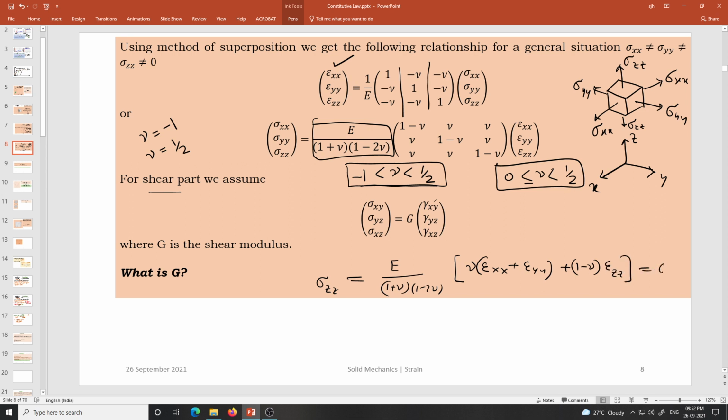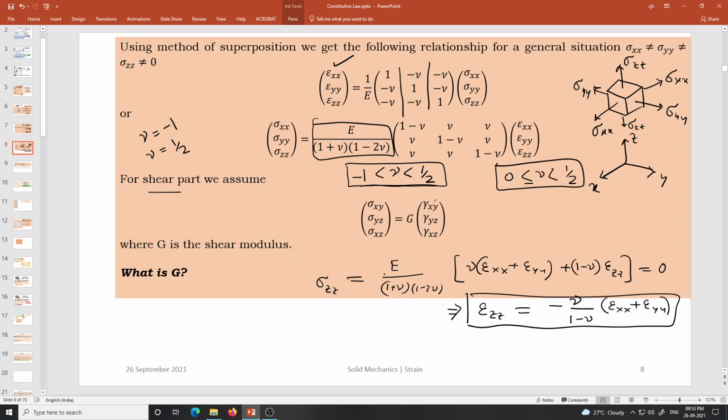If we set it to 0, that implies that epsilon zz would be minus nu over 1 minus nu times epsilon xx plus epsilon yy. So it gives us the constraint, right?